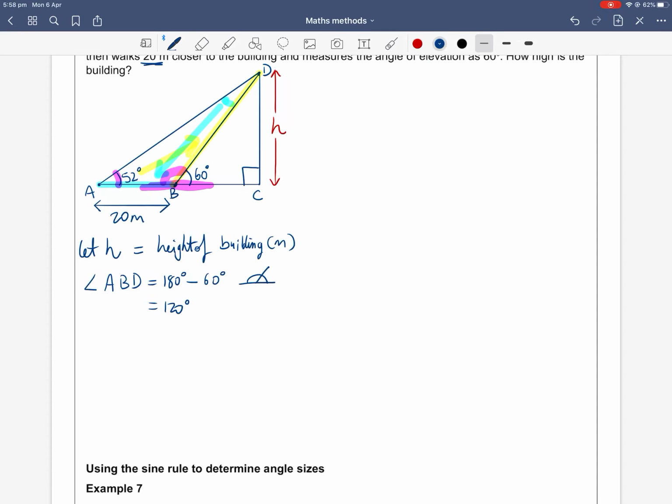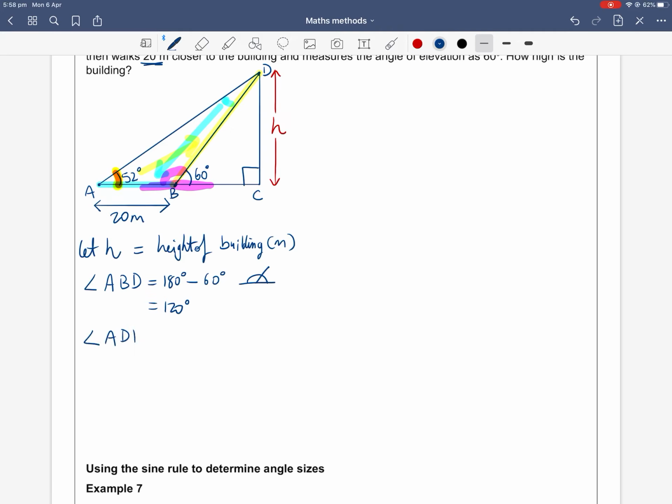Because we know the purple angle, then the yellow angle, 52 degrees, plus the 120 degrees, the purple angle, and the blue angle must be 180 degrees, because the sum of angles in a triangle is 180.